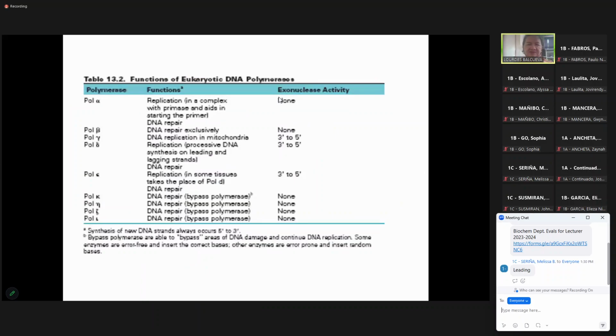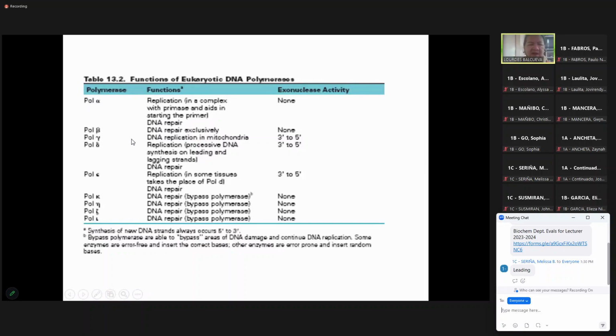So these are enzymes with functions for eukaryotic DNA polymerase. So Pol alpha replicates in the initiation in conjunction with primase. Okay, and it has a function for DNA repair.